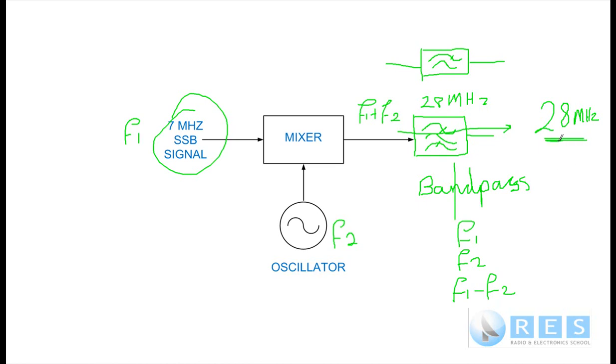This is so important because this is done so often in radio. In fact, if you take away the mixers, amplifiers and oscillators, there's not much left in radio because in effect they're all the same thing. A mixer is just a non-linear amplifier. An oscillator is just an amplifier with positive feedback and a frequency determining device.